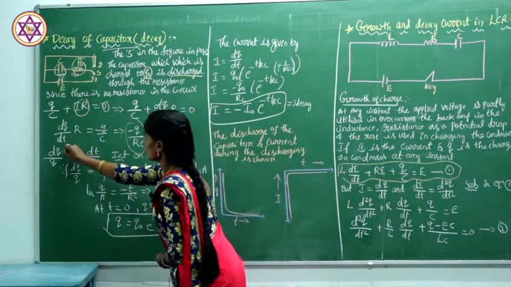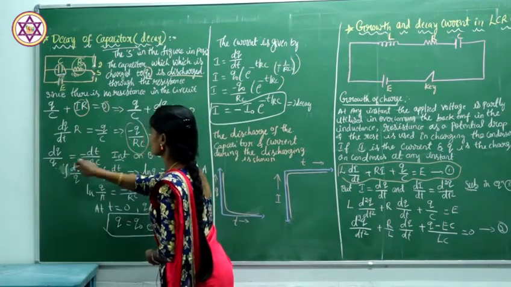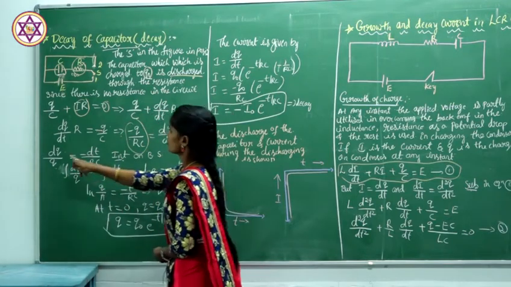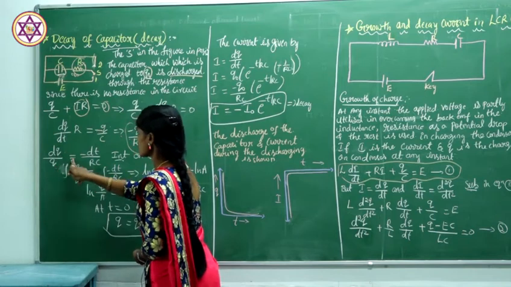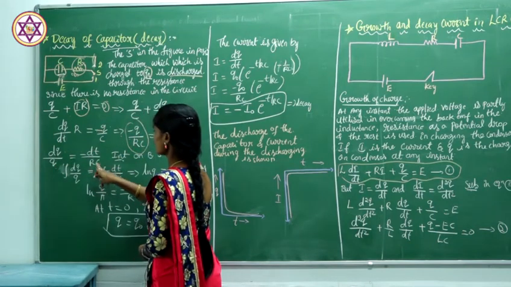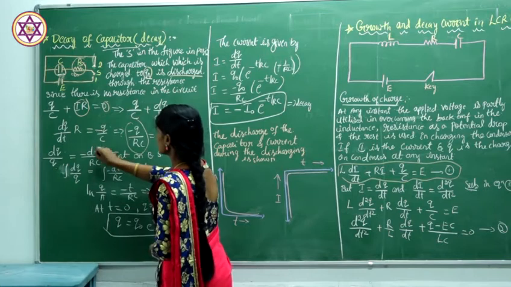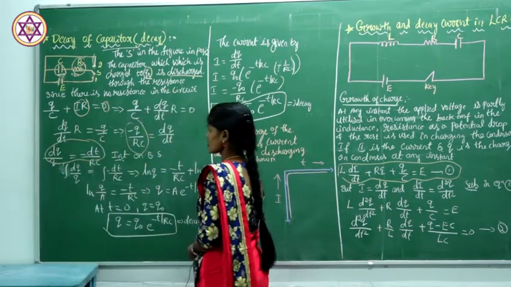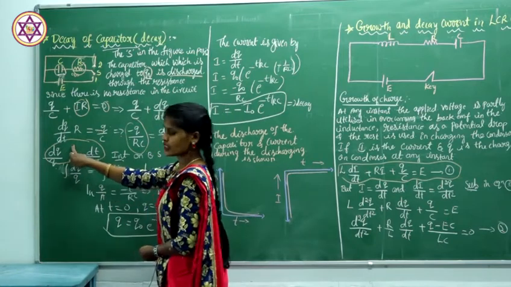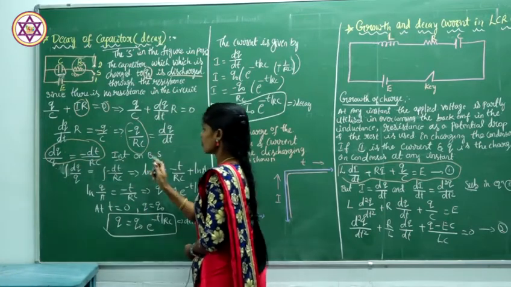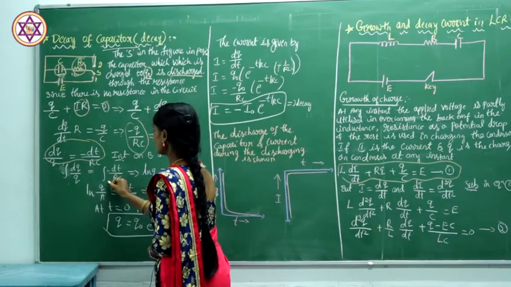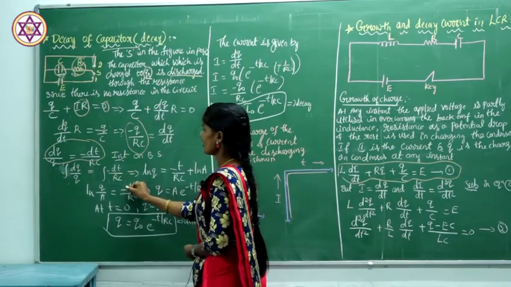So dQ by Q is equal to minus dt by RC. Integrating on both sides, integral of dQ by Q is equal to integral of minus dt by RC.